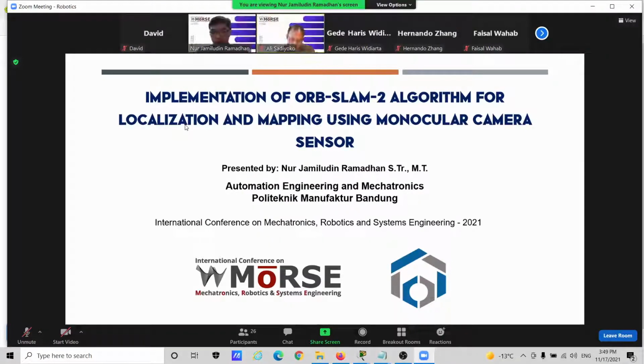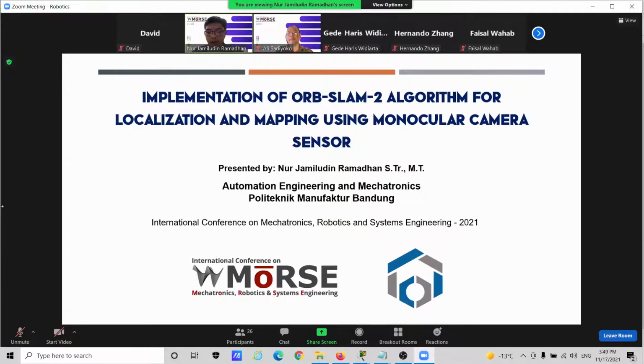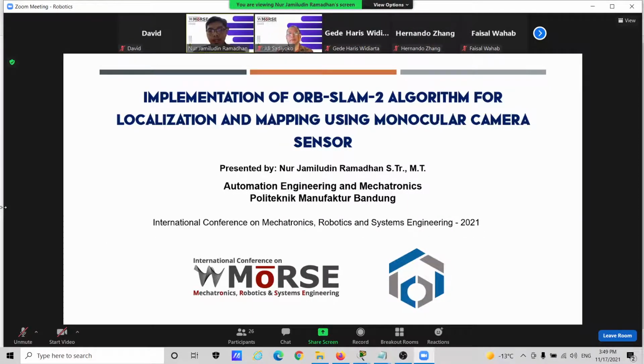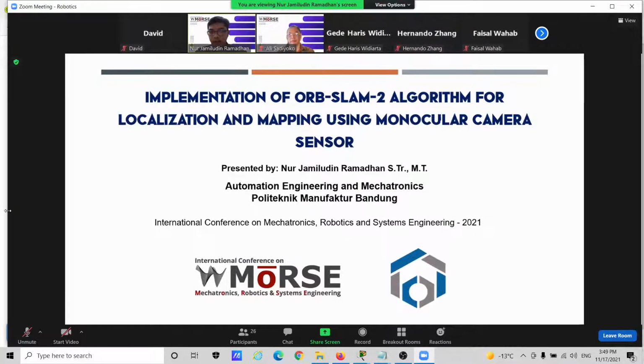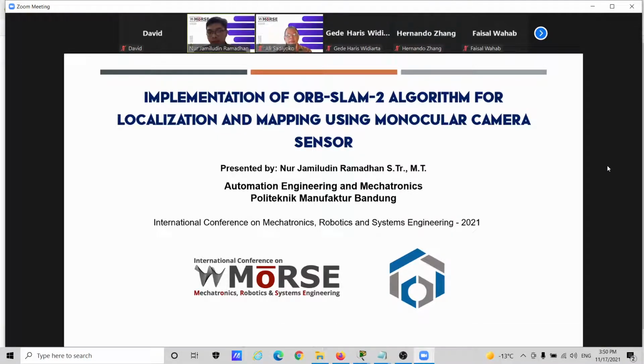This research is motivated by the needs of industries in the current Industrial 4.0 era by implementing autonomous robots. The SLAM algorithm, or simultaneous localization and mapping, is a very popular method to control mobile robots, and we focus on ORB-SLAM2, which is a visual-based SLAM.